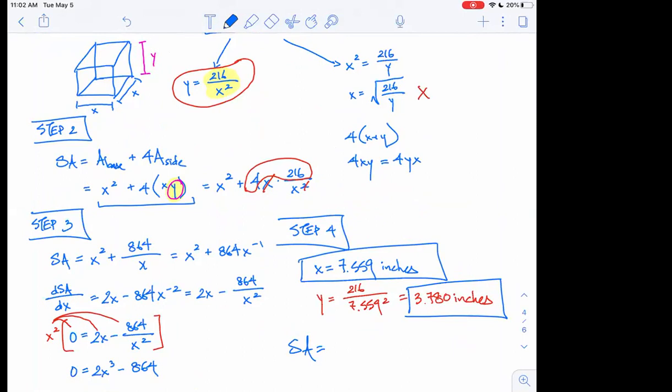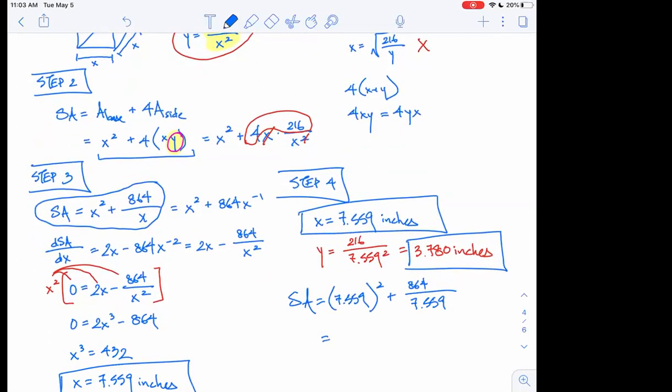So I'm going to take my x and plug it into this equation. I'm going to get 7.559 squared plus 864 over 7.559. And that should give me 171.439 inches squared.